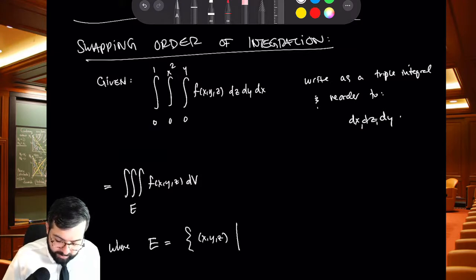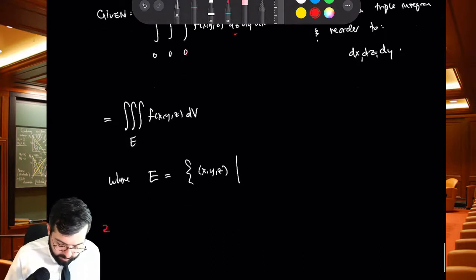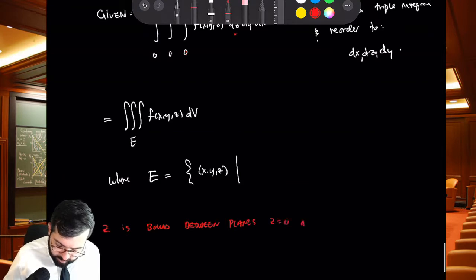So we see that z is spanning between 0 and y. So z is bound between planes z equals 0 and z equals y.